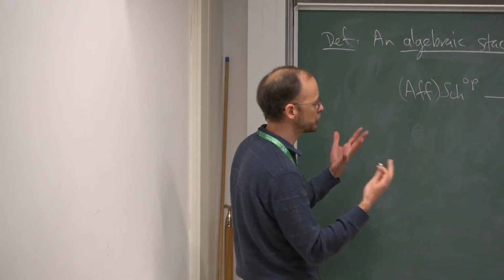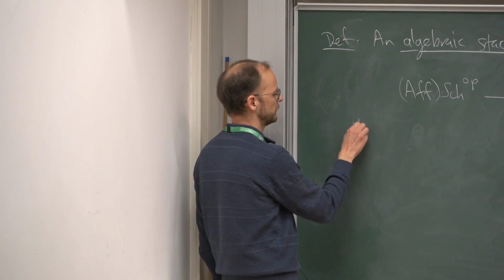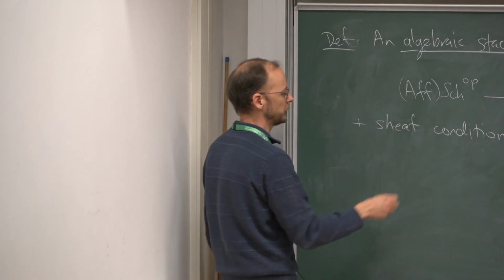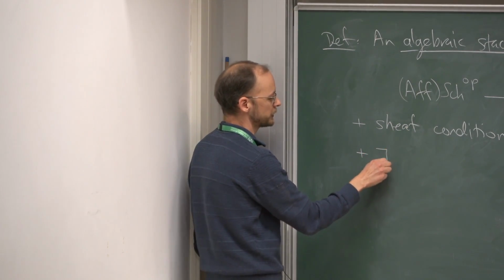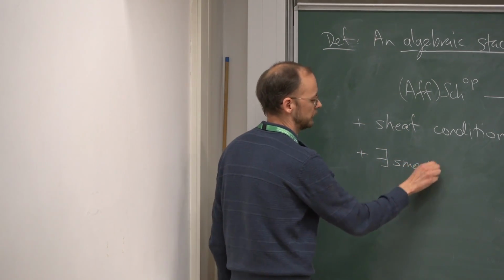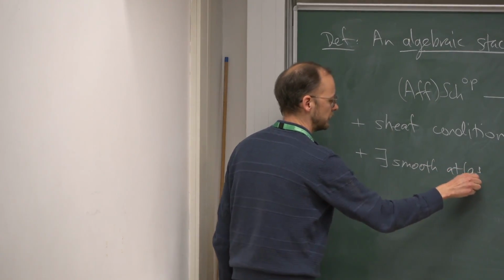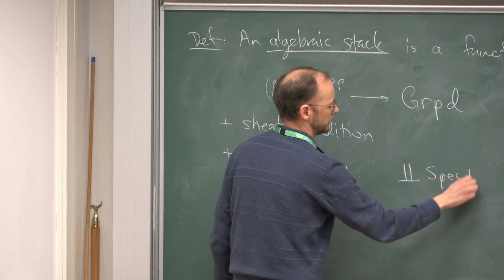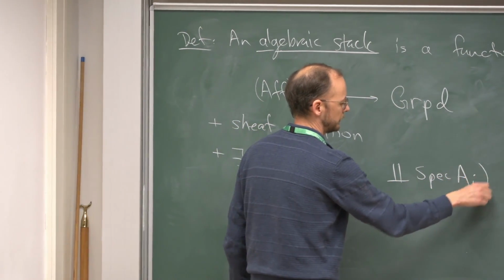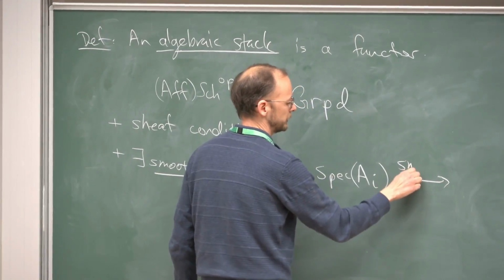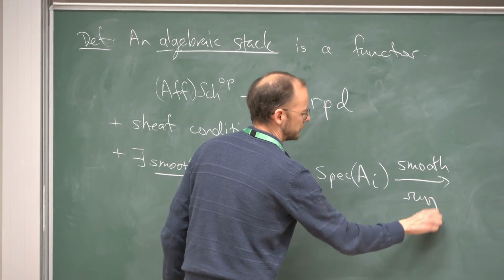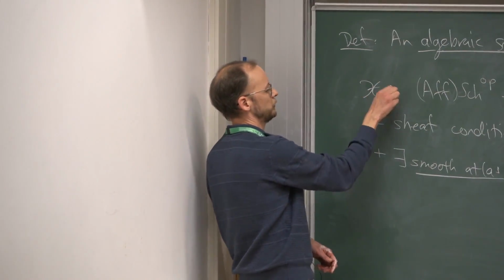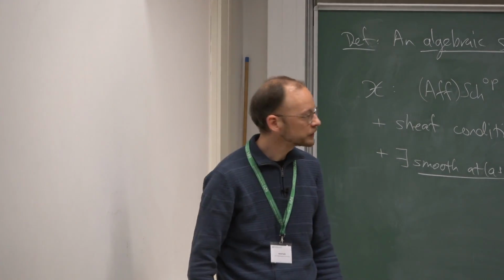Which again satisfies some kind of sheaf condition, which I don't want to go into, and then also the existence of a smooth atlas. So there should be some affine schemes together with a smooth surjective map to my stack here. And I'm going to try to always denote stacks with curly letters.